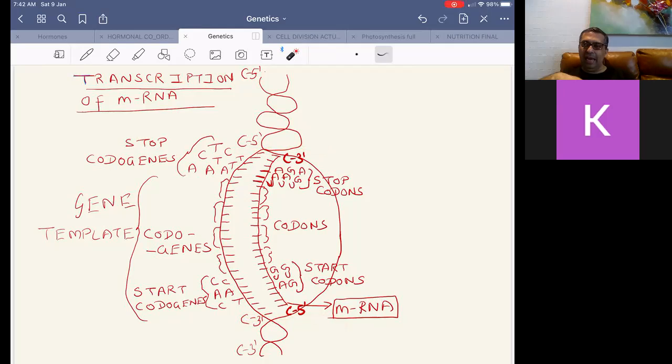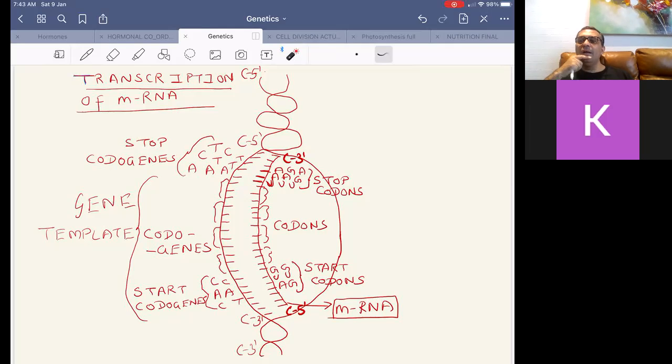This is the DNA, segments of which are called genes, and this is gene number 11,111. Here the helicase enzyme comes, remember, helicase, and will start breaking the hydrogen bonds between the two DNA strands. So helicase comes and breaks the hydrogen bonds and the two DNA strands will uncoil.